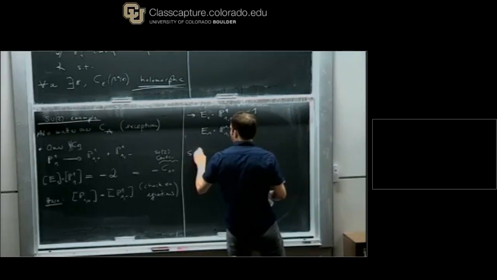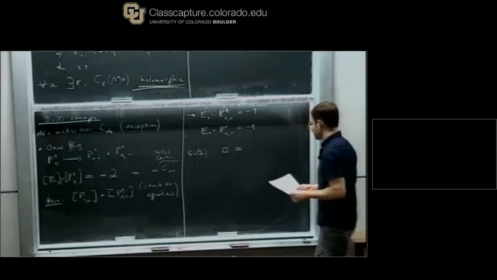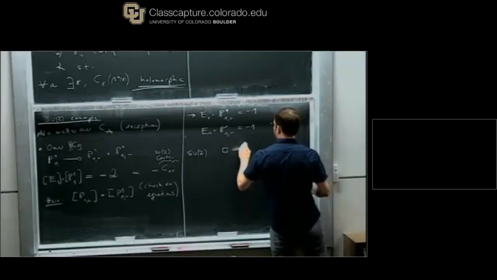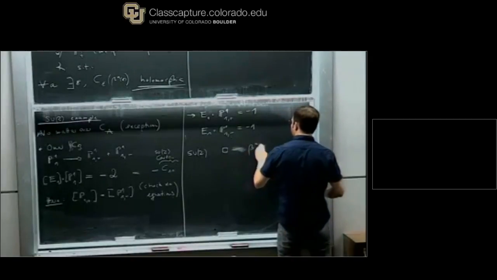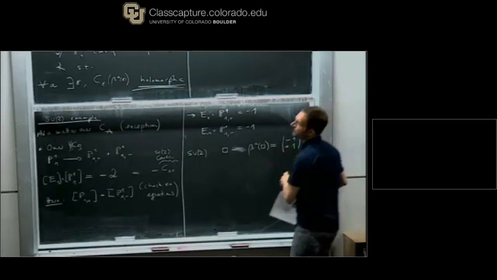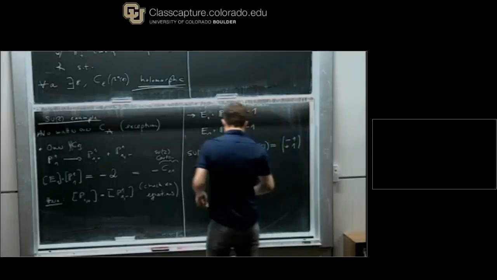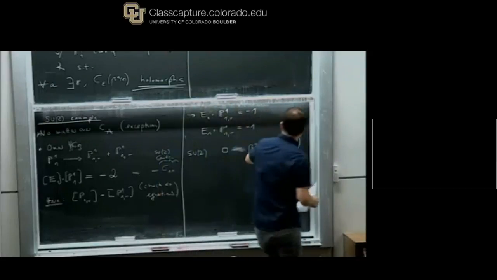So for SU2, the fundamental representation has beta A of the fundamental equals +1, -1, according to this rule.